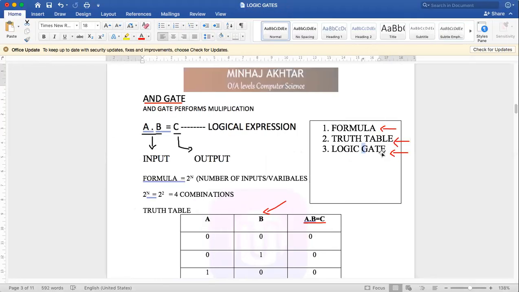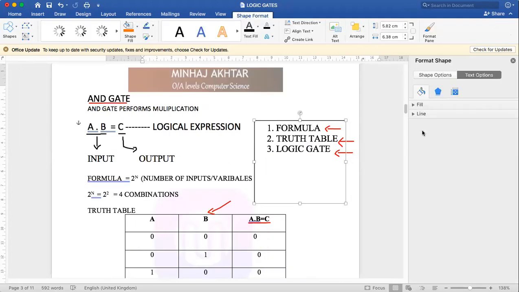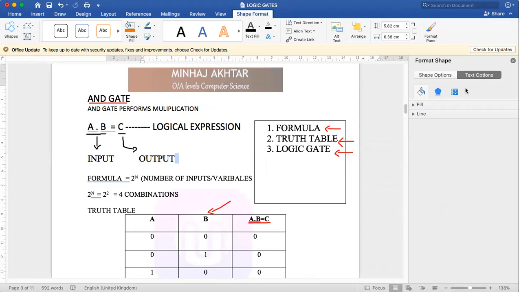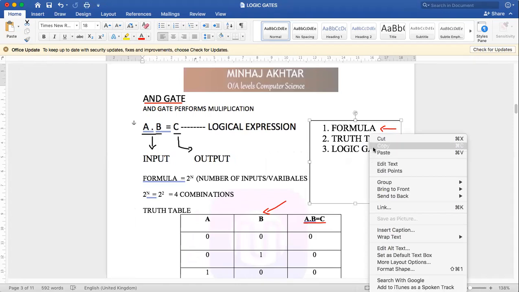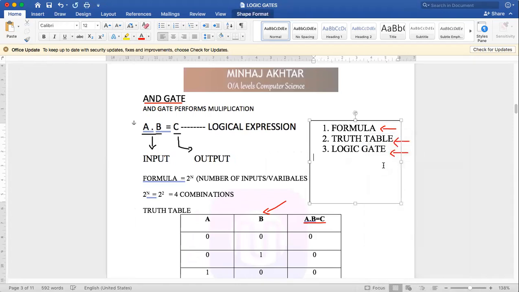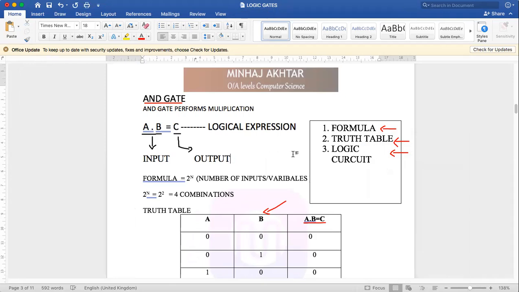Step number 1, we need to apply the formula. Step number 2, truth table. And in step number 3, we need to draw a logic circuit. So I'm going to write logic circuit instead of logic gate. Always we need to follow these 3 steps.